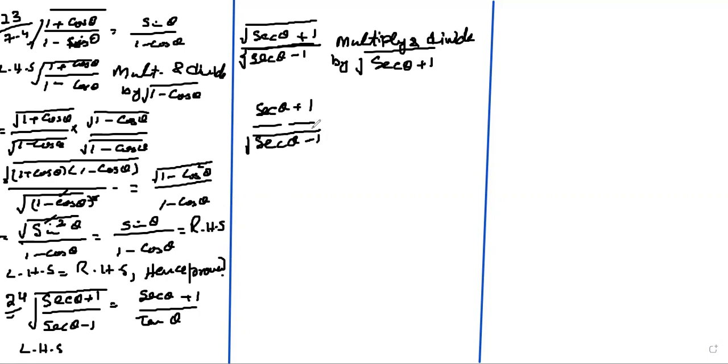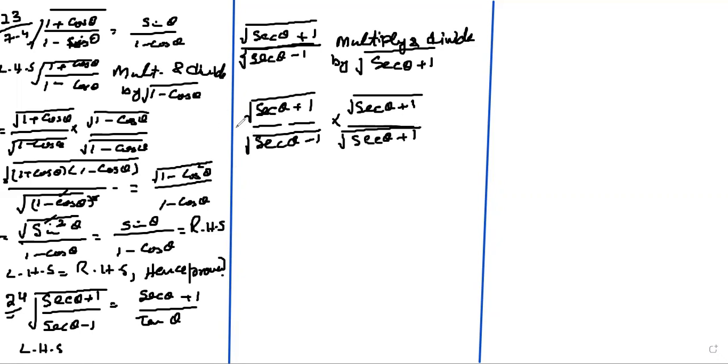Right, both are under the root. And equals to, not equals to, multiply that. Secant theta plus 1 and secant theta plus 1. Right?